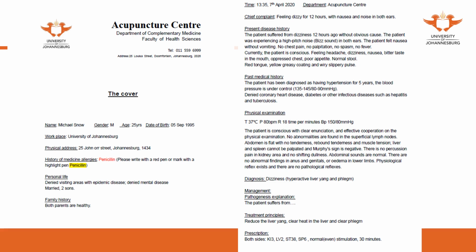If the patient presents with no allergies, you need to write down unknown but not no. So you don't write no, you need to write unknown. The reason is because there are differences between no and unknown. No means nope, negative. The patient has no allergies.